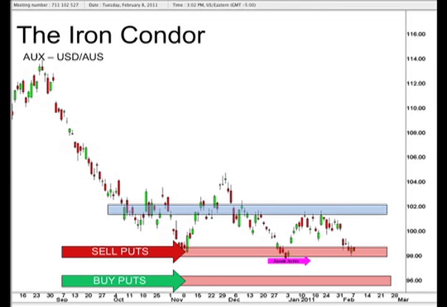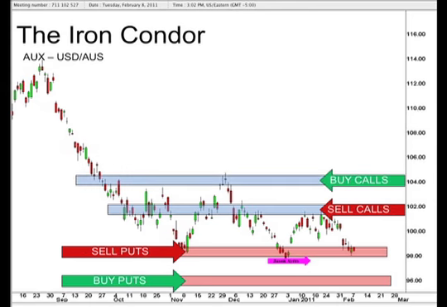At the same time, we could sell those call options above 102 and buy the call options, let's say, up at the 104 strike. Once again, we minimize our risk exposure and capture a premium, and if the pair is trading in between the written strike calls and the written strike puts, we're going to make our money.